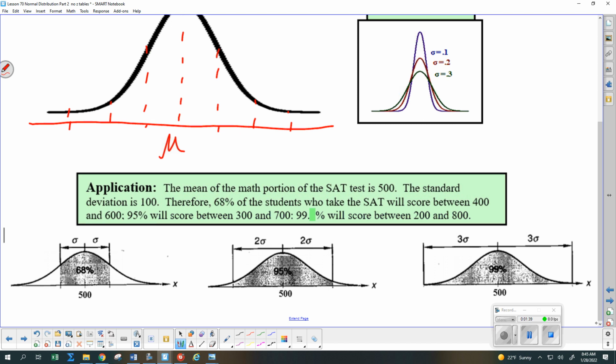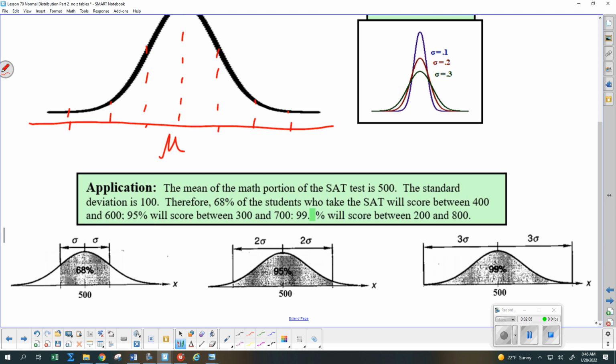One of the most practical applications for students would be SAT data. It is normalized every year so that out of each part where the max is 800, on that math portion the mean would be 500. Some years, depending on who's taking it and what the questions are, they might be more spread out, with some higher and some lower scores.